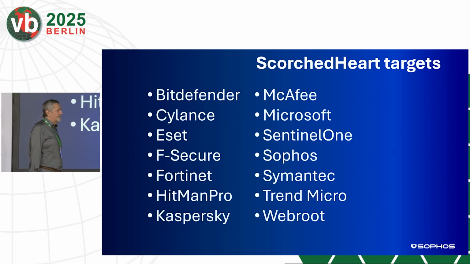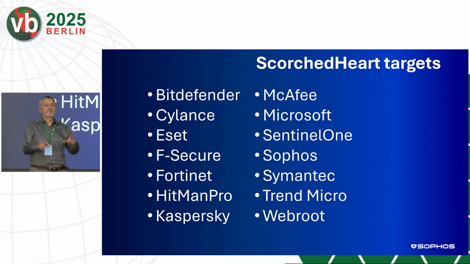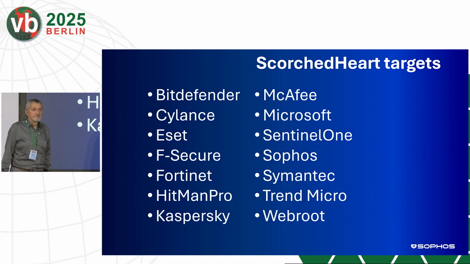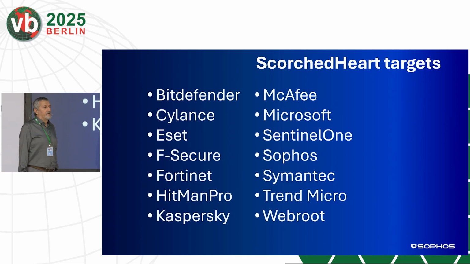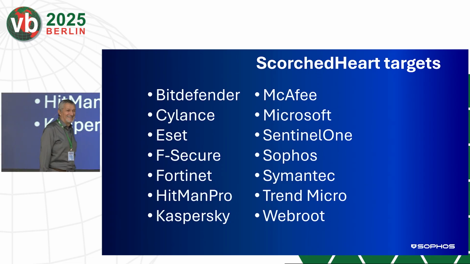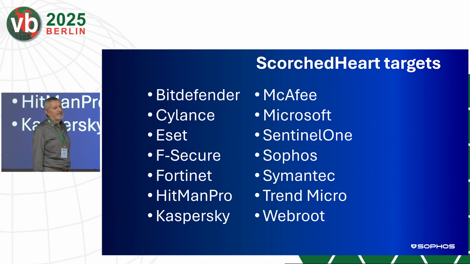All in all, in the different samples from this family, we have found about 15 security products that were targeted by Scorched Heart. If your company is not on this list, it doesn't matter, in the sense that the ransomware groups were targeting organizations that were not protected by that product.